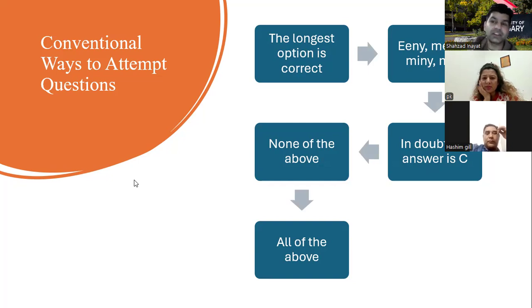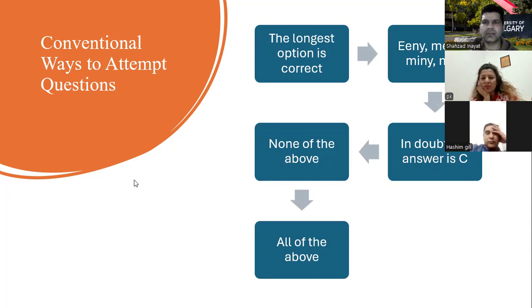The other conventional or traditional strategies people have made include words like eeny, meeny, miny, mo. If you don't know the answer, just use this trick. The other is, if you are in doubt, the answer is C, so you continue picking option C as the correct one.